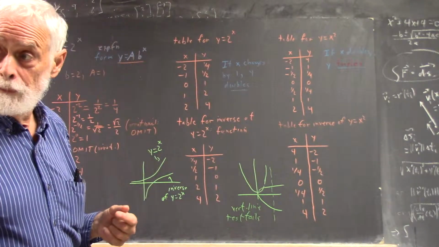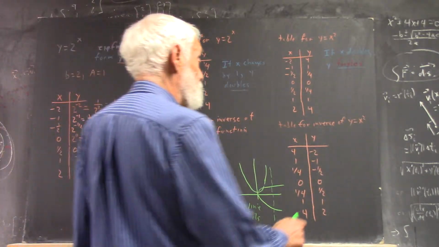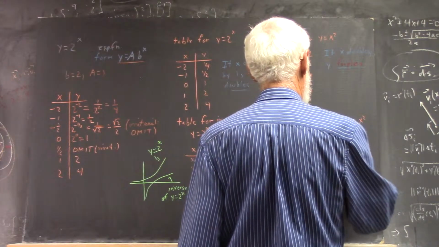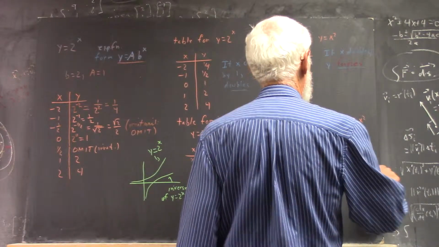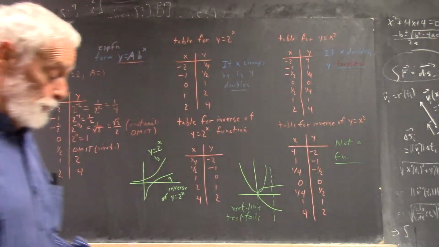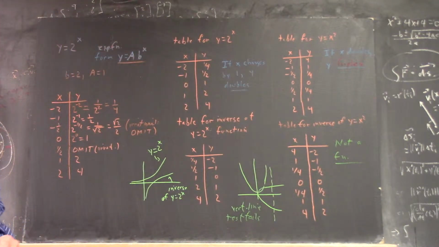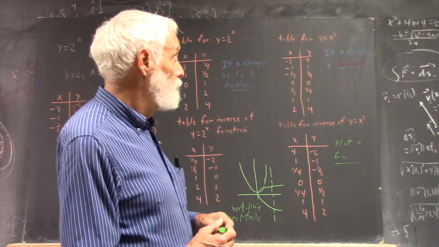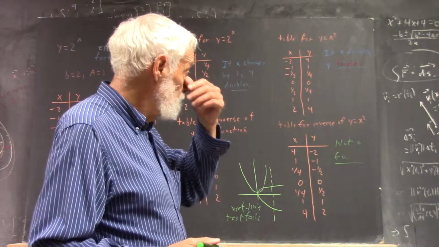Okay? So this is not a function. Now this is really important if you're going to study math past pre-calculus, even pre-calculus. If you're going to study math past algebra 2, okay?